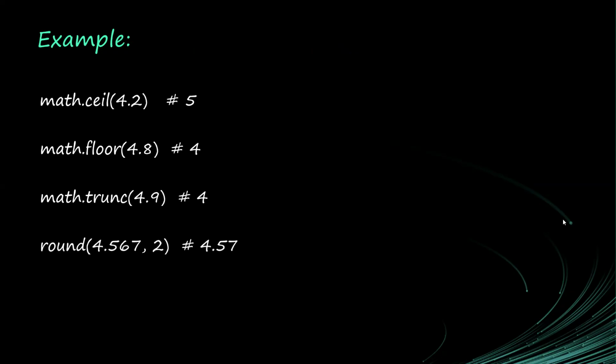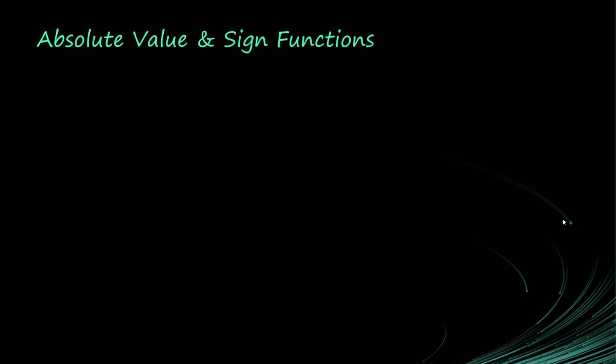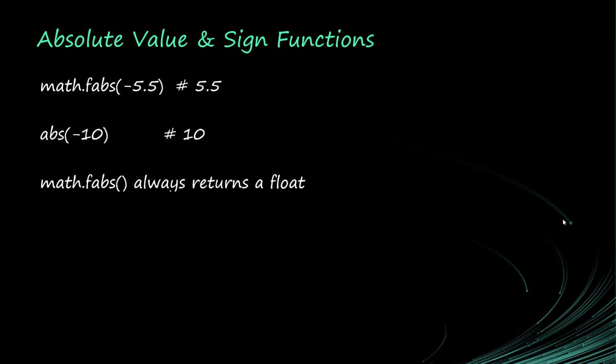If you want to round a number, you can also give it the precision: how many decimal places do you want to round it to? We also have math.fabs. It returns the absolute value as a floating number. Math.fabs always returns a float.